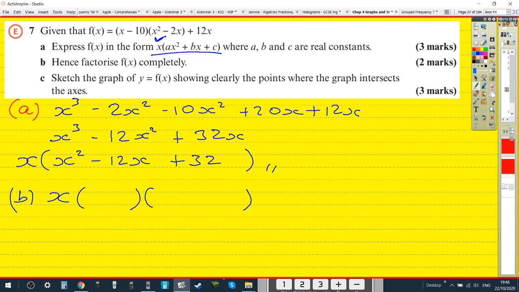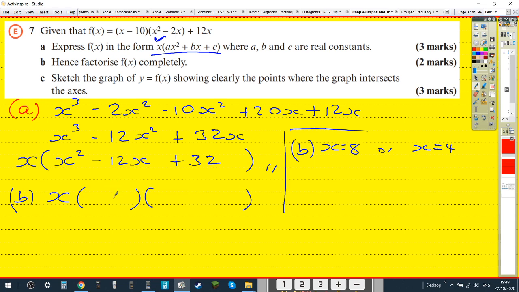It would be calculator. Put the quadratic into the calculator. So, x1 is 8, x2 is 4. So it'd be written out as x brackets, x equals 0.